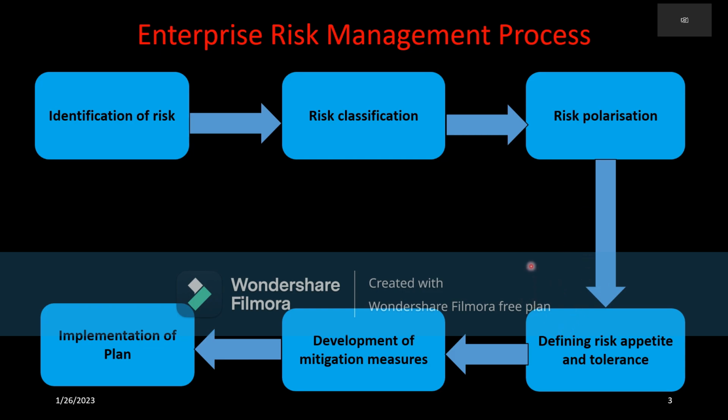In the next step, all the risks are assessed against a defined risk appetite and tolerance limit of the organization, and basis that, for each risk a mitigation plan is developed and implementation is carried out.